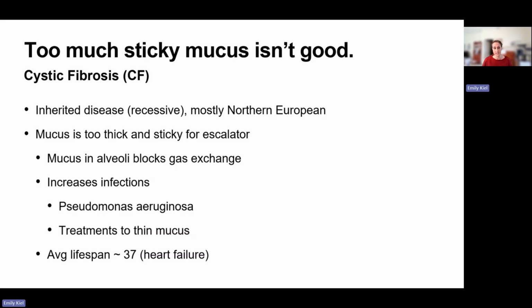So the goal of this is to use treatments to thin mucus, or things like coupage to try and encourage the mucus to move and get out of that respiratory tract. However, the lifespan is decreased. So its average lifespan is around 37 years old. And the cause of death is usually heart failure, but that's secondary to a really massive chronic bacterial infection. So the disease leads to infection, and then that puts too much strain on the heart.